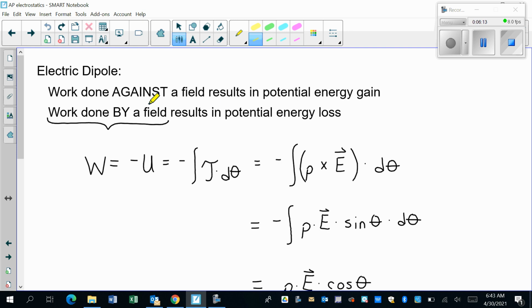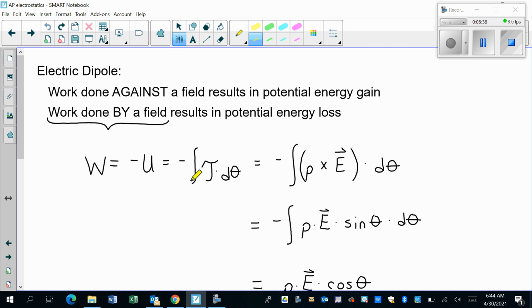So if I allow a field to do work, we lose potential energy. Let something move down, I don't have to push it. Gravity does all of that for me, and it loses potential energy. And it turns it into most likely kinetic energy or something else. So if we look at the work done by the field, the work done is going to produce a loss in energy, hence the negative sign.